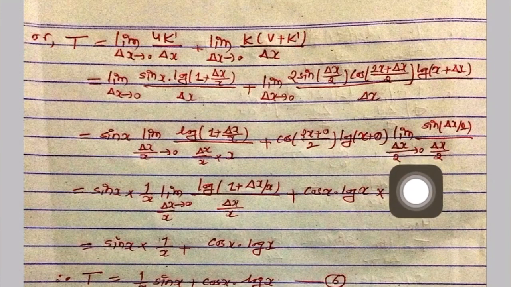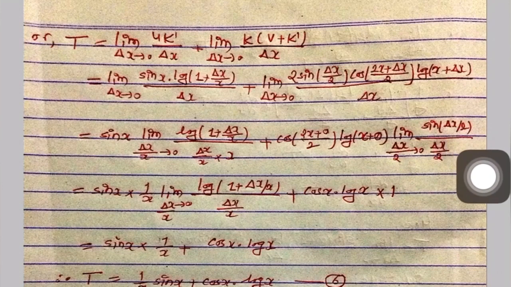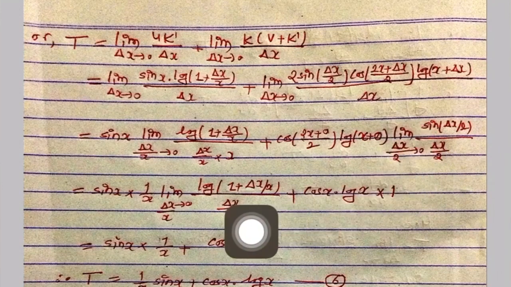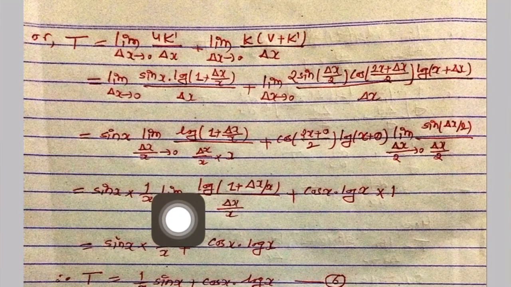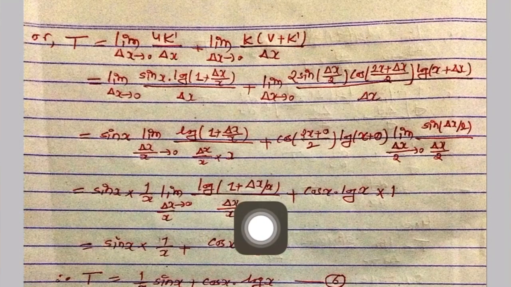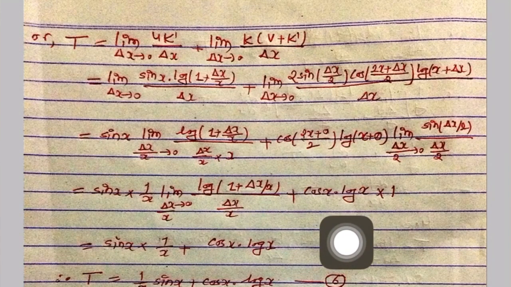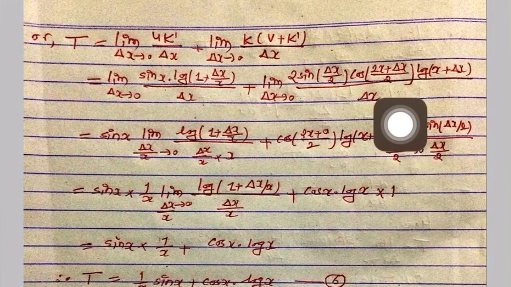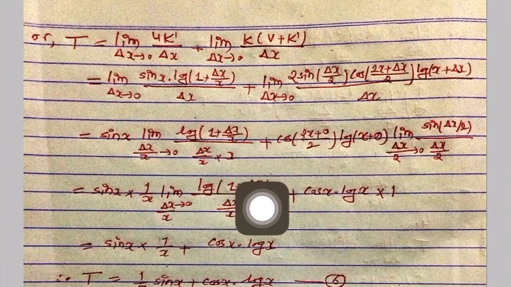And limit del x divided by 2 tends to 0 of sin of del x by 2 whole divided by del x by 2 is there, and here sin x is there, and 1 by x is taken out from the limit, and this is in the standard form, plus cos x is there, log x is there, and this term equals 1, and this factor also equals 1.